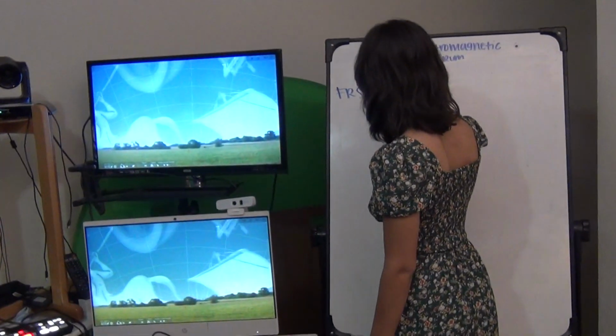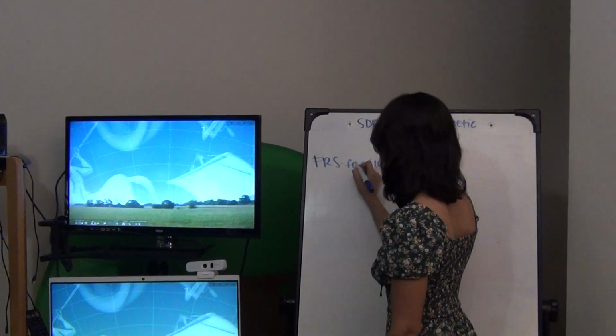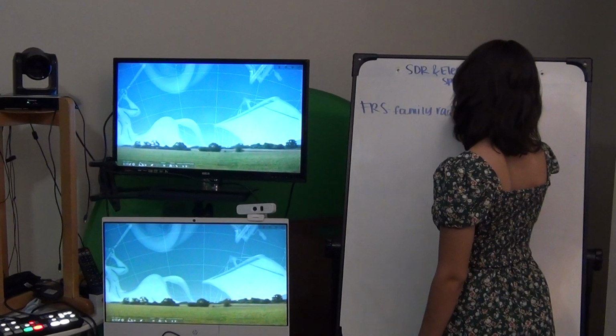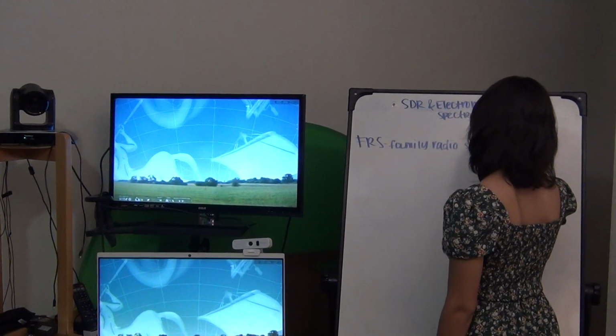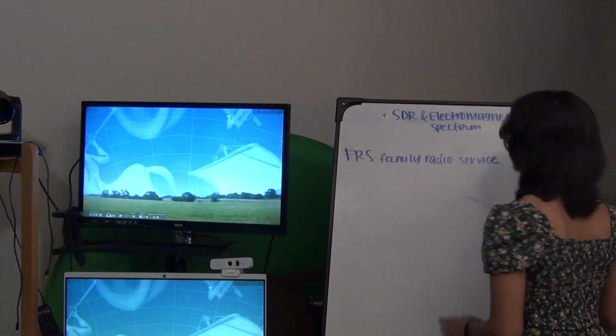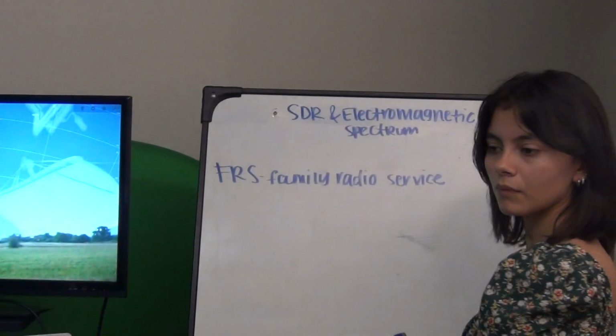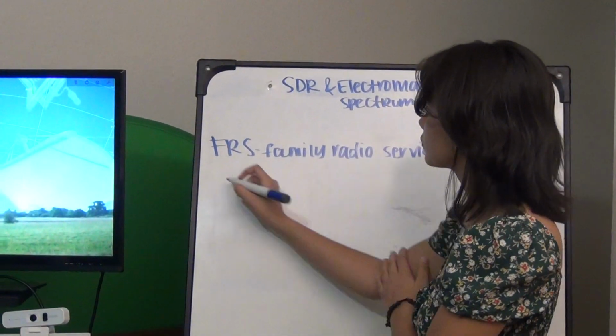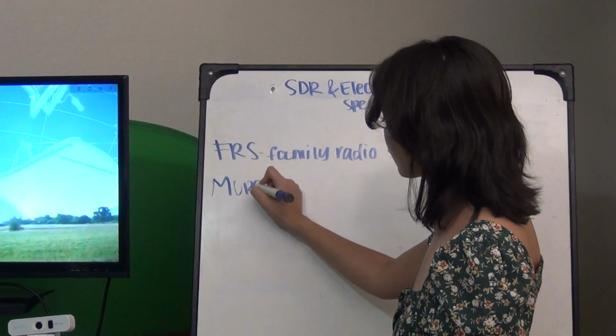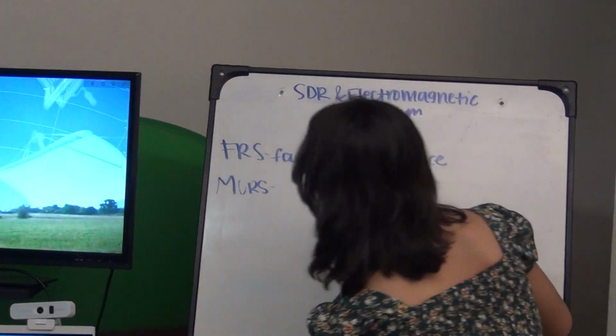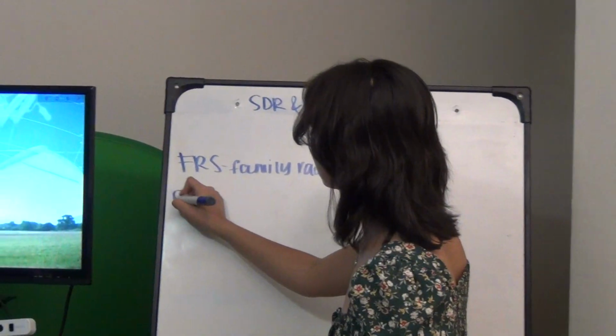Probably the best way to learn some of this is to learn on that which is made for non-learners. So write down FRS, Family Radio Service. You can buy these for $20 in Walmart stores all over the place. You can use them in your house. Anybody can. They're very low power. They do not do a whole lot, but they sell by the hundreds. The next one up, which moves a little more into the real world, is the GMRS, General Mobile Radio Service.